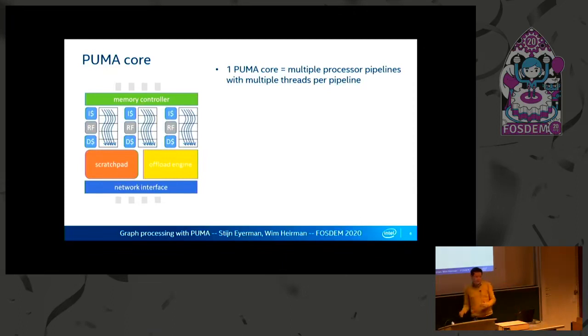So if we are waiting for memory operations, we just switch to another thread. If this one is also waiting, we switch to yet another thread, and so on, just to hide all of these memory latencies. We have limited caches. You have an instruction cache and data cache, which are very small. It's for very local data, such as the stack of your thread.